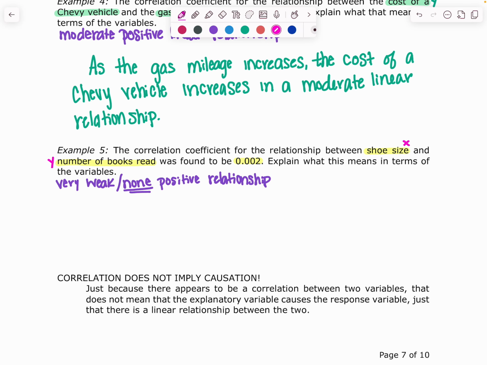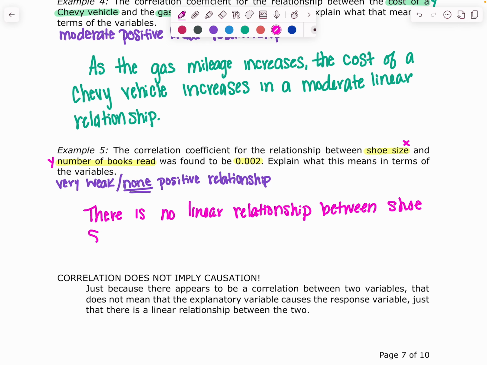So then the interpretation, because this R value is so small, there is no linear relationship between shoe size and the number of books a person has read.